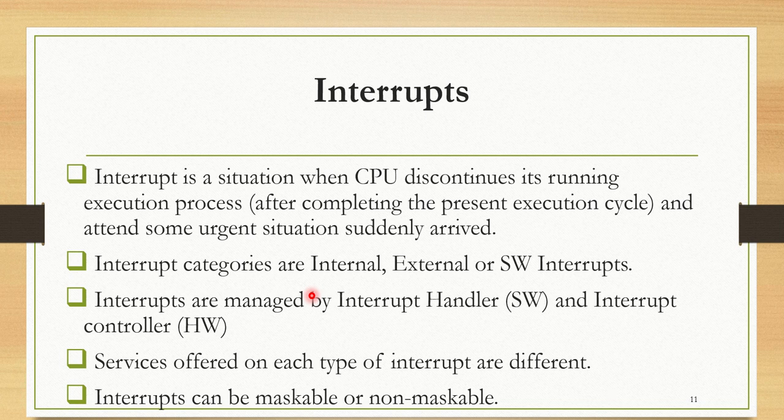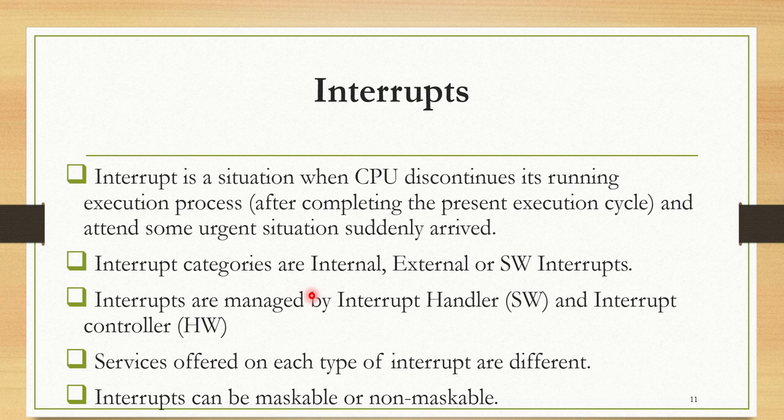Then there is another called a software interrupt. When you are processing your application, your program needs some system services. In that type of interrupt, it calls some system services. Suppose your program calls for printing.